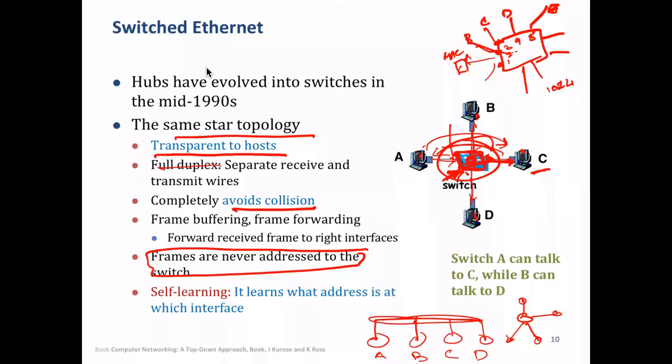So he notes it down. And when some visitor comes and asks where Ravi lives, he'll say he lives in house number 1. This is called self-learning. In the same way, the switch learns on which port different nodes are connected, by self-learning.